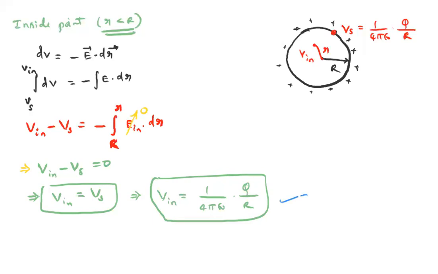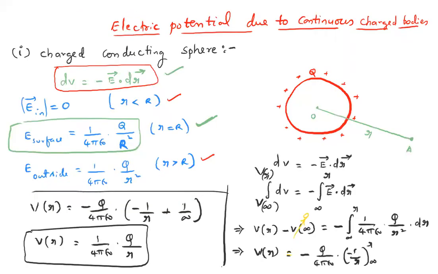Now let's come to the non-conducting sphere. When we come to a non-conducting sphere, charge is distributed uniformly over it with surface charge density or volume charge density rho. For a non-conducting sphere, first we need to write the relations for the electric field.